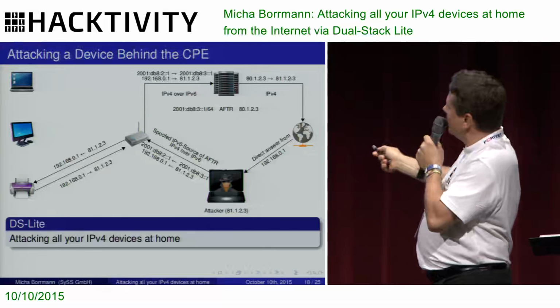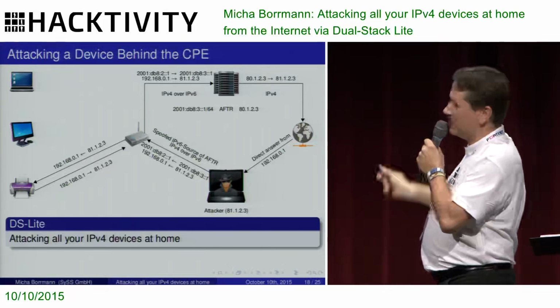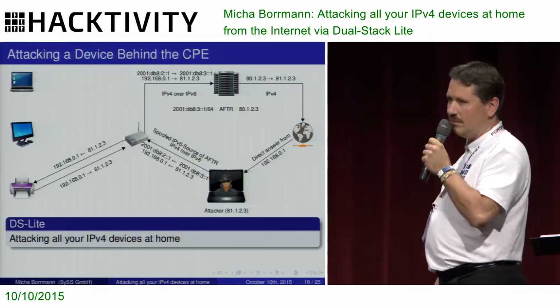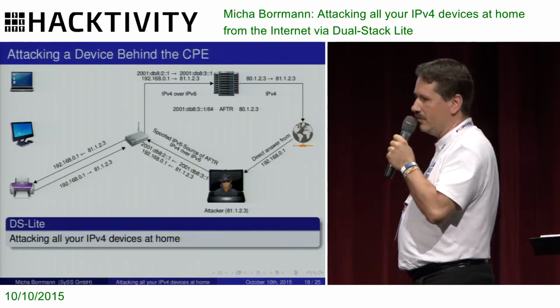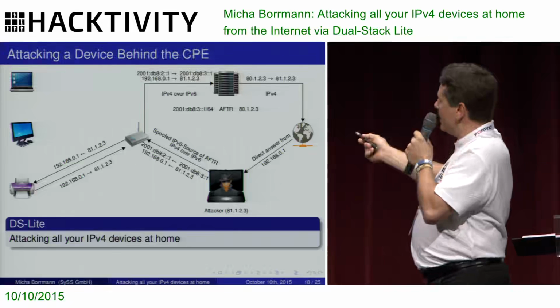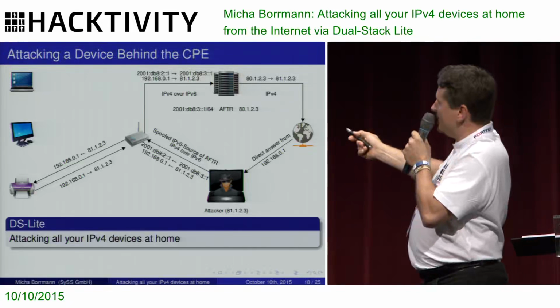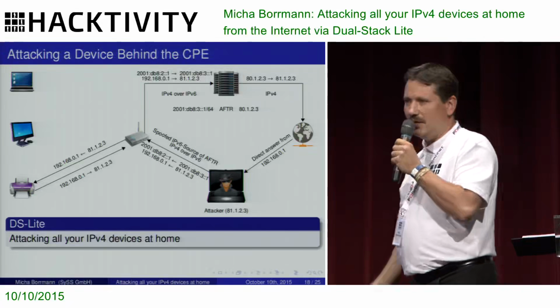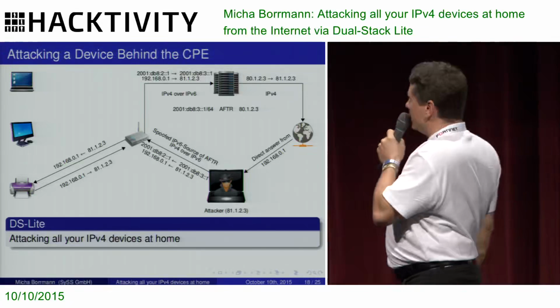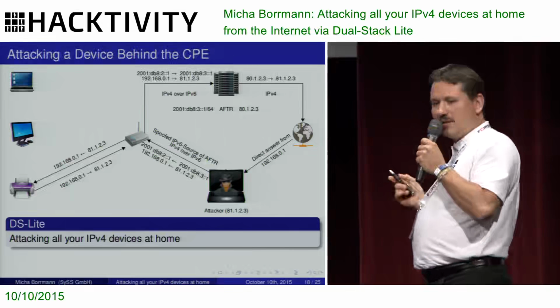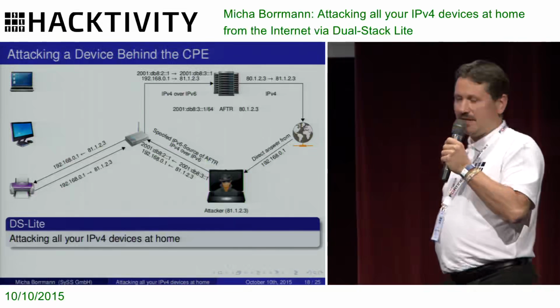Here, this attack is displayed as running from one system. But that's not necessary. With stateless packets like UDP or ICMP, you can send the spoofed IPv6 address even if you are also a Dual Stack Lite client from the same access provider. You send it to another client of the same access provider.